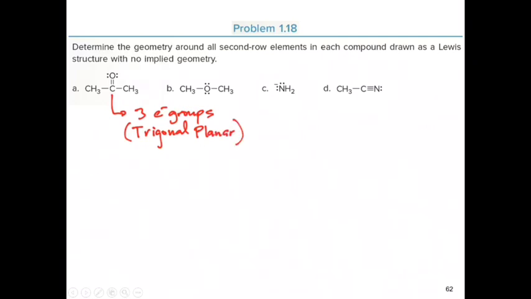All right. What about this carbon right here? This carbon has 3 hydrogens that are single bonded onto this carbon and another single bond here. So that's a total of 4 electron groups.